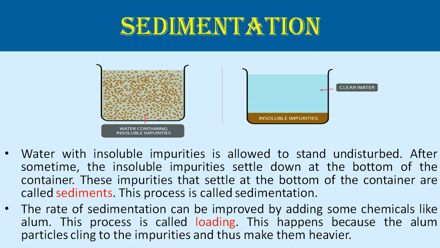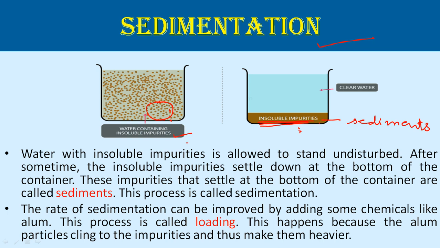Sedimentation. Sedimentation means water containing insoluble impurities is allowed to stand undisturbed. After some time, the insoluble impurities settle at the bottom of the container, and these impurities that settle at the bottom are called sediments, and this process is called sedimentation.